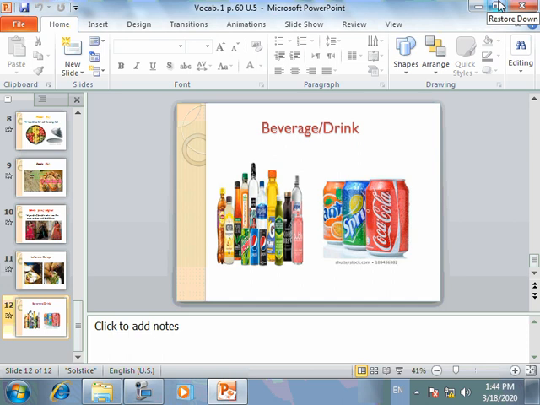Number 3, toppings. Number 4, staple. Number 5, edible, can be eaten. Number 6, extracted, means taken. Number 7, ethnic. Number 8, consume.